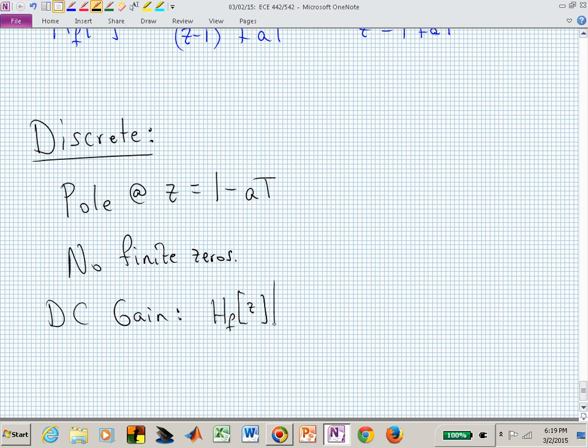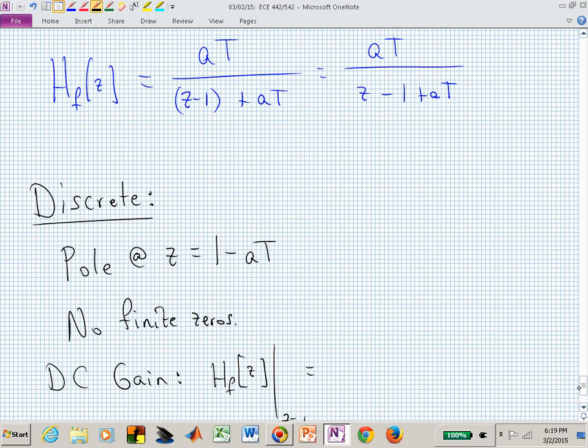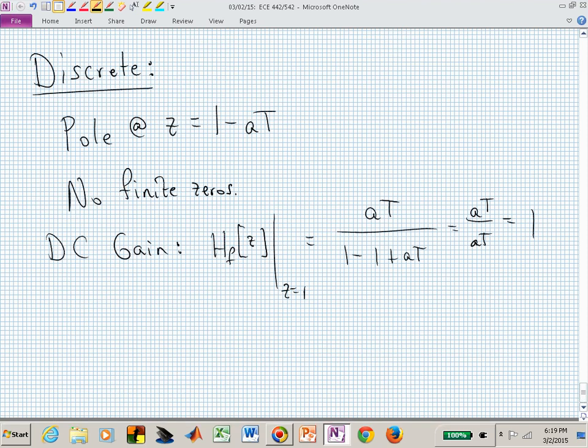We now replace Z everywhere, and it only appears once. We put it equal to 1. We now have AT over 1 minus 1 plus AT, or AT over AT. No matter what those two are equal to, we still have a DC gain of 1, which is good. That's consistent with our original analog transfer function. And you could use that first order system in the discrete setting to find a linear difference equation.